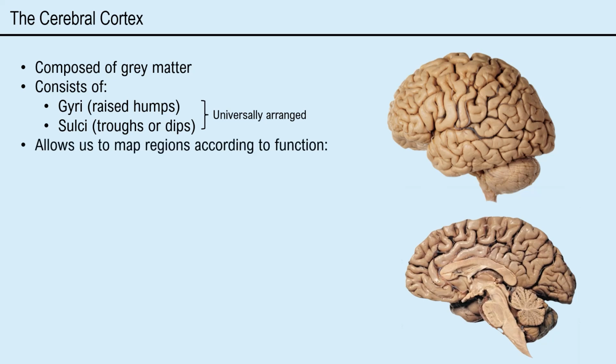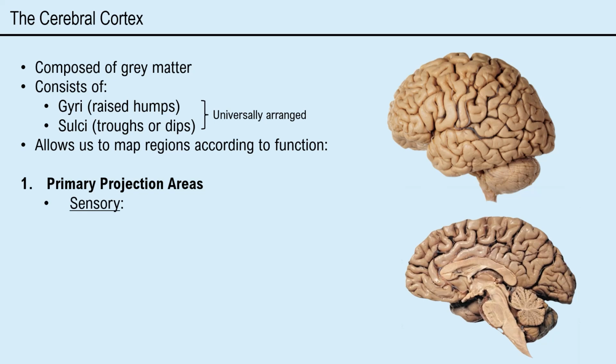The functional regions of the cortex can be roughly classified into 3 types. Firstly, we have the primary projection areas. The primary projection areas are where basic processing takes place. In the case of sensory pathways, this is where major pathways, or ascending pathways, terminate.